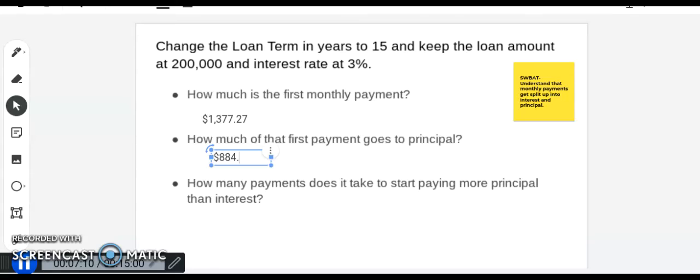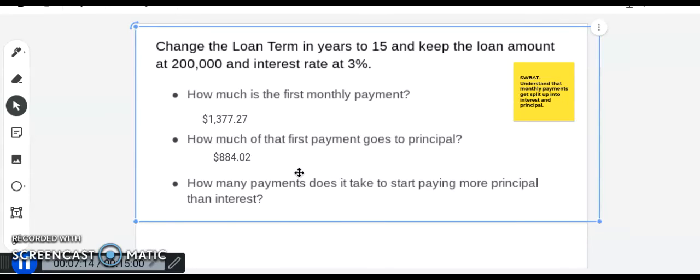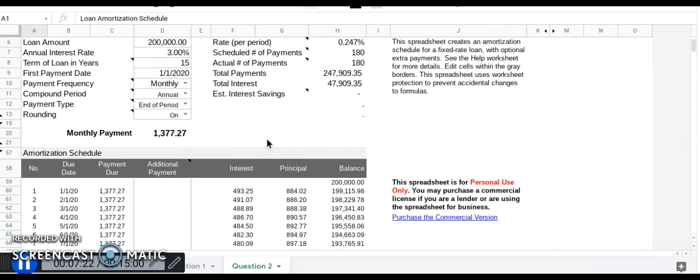And then our last question over here, again, how many payments does it take to start paying more principal than interest? Go ahead back over to your spreadsheet. And if you'll notice, on 15 years, you actually are already paying more principal than interest right from the beginning.